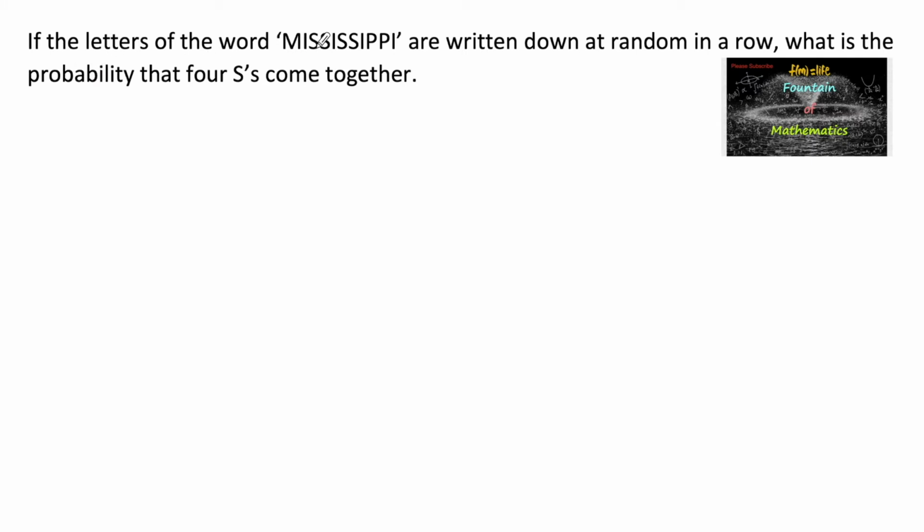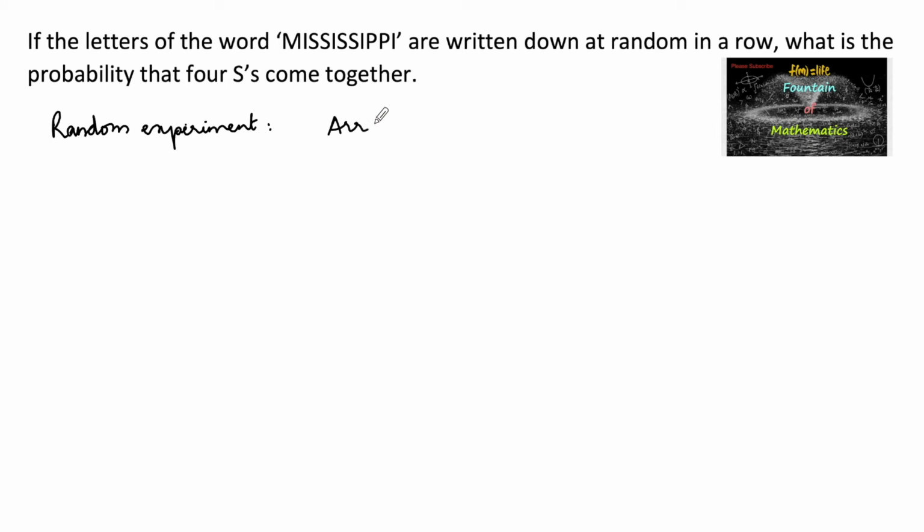If the letters of the word Mississippi are written down at random in a row, what is the probability that 4 S come together? So here the random experiment is arranging the letters in a row.